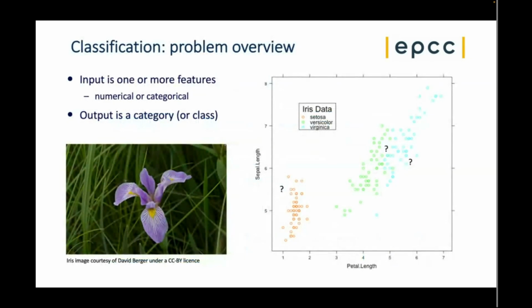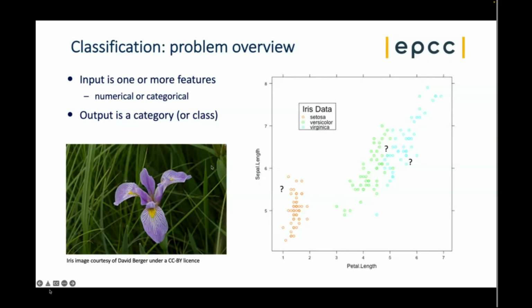So the problem overview here: the input to classification is one or more features, things like the size of the house that we had last time round. Our features now can be either numerical or categorical. The output variable is a class or a category.